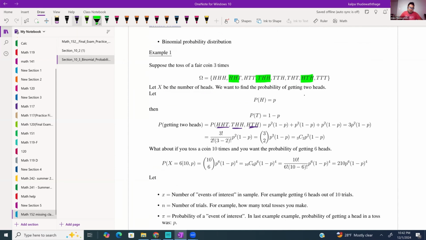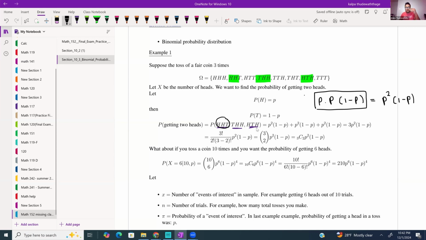So in this situation, the probability of a head happening is P, and another head, so P. The other one is a tail. So this is the probability that you can have 2 heads and 1 tail. So it's P squared times 1 minus P. This is the probability for 2 heads and a tail.